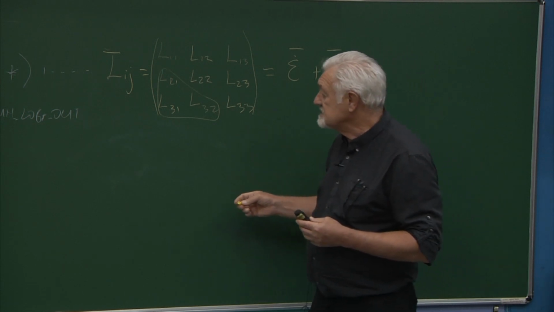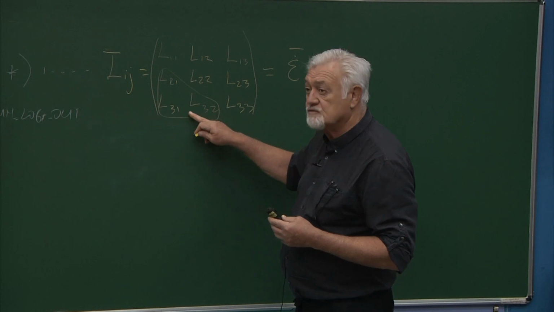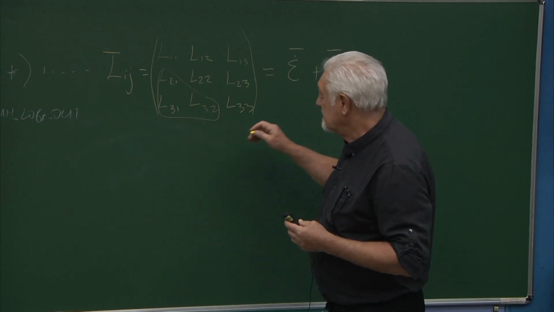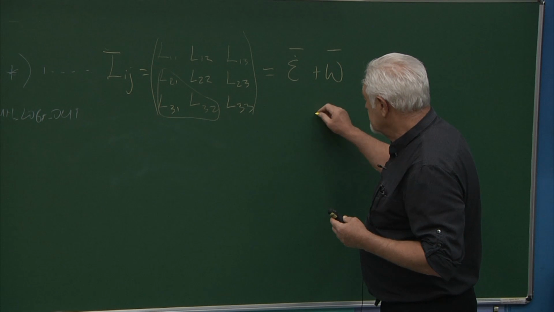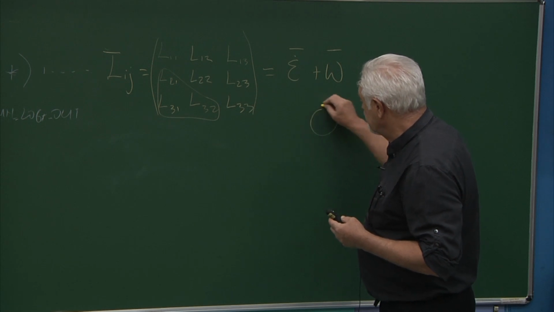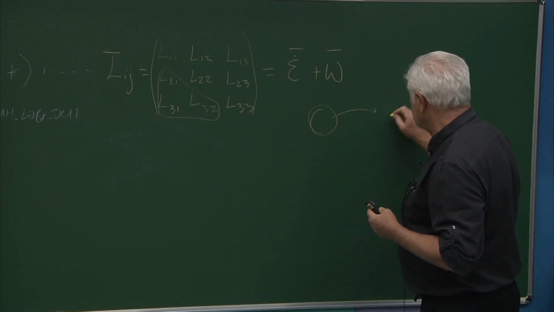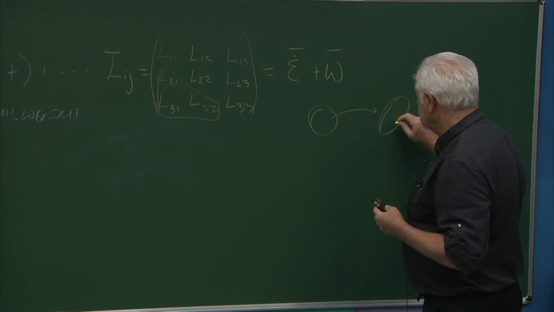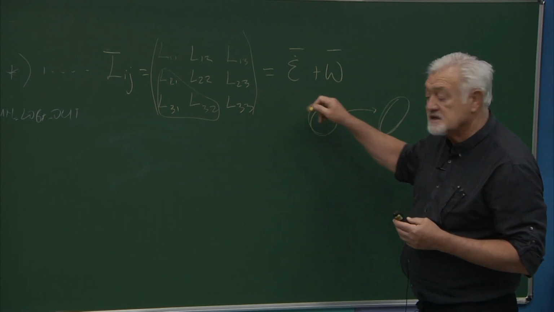The reason is, if you want to enforce all 9 components, what this tensor does for you is, you remember that I showed before that a spherical element transforms into an elliptical element through the velocity gradient.